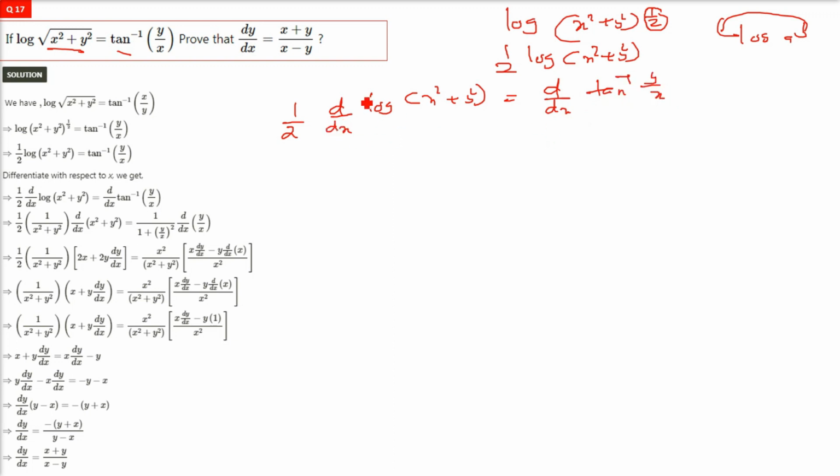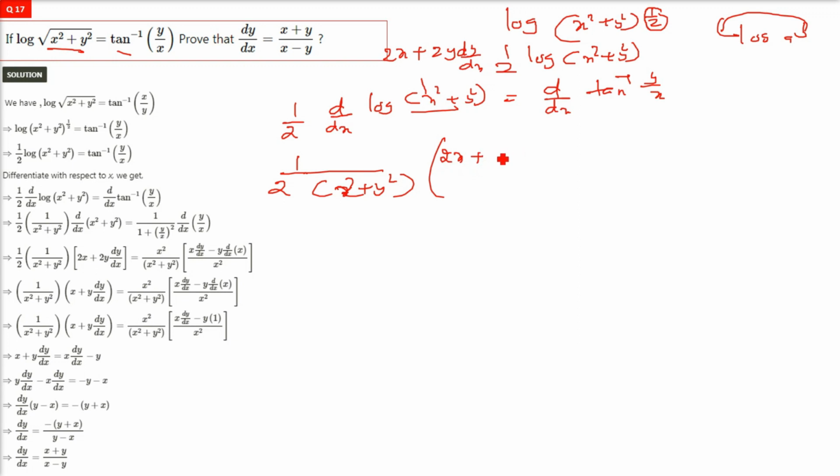Well, let us do the left side first. Log of something is 1 by that something, with the 1 by 2. So it will be x square plus y square in the denominator. X square plus y square differentiation is what? X square is 2x, y square is 2y, and then dy by dx also, because we are not dealing with x, we are dealing with y.